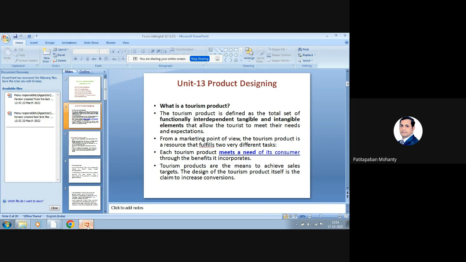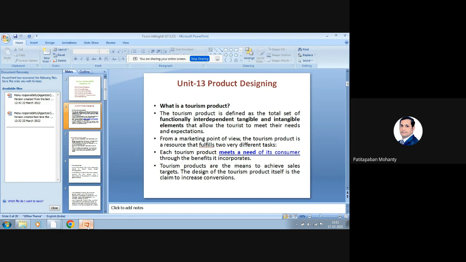That person is your visitor, traveler, or tourist. So they are the buyers. That's why a product always has a value concept, and it gives a benefit to the customers and consumers. That's why a product has different meanings in different arenas, different viabilities, and different features or attributes in different segments.